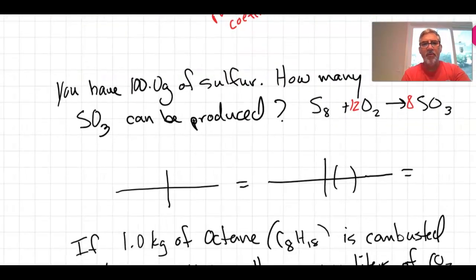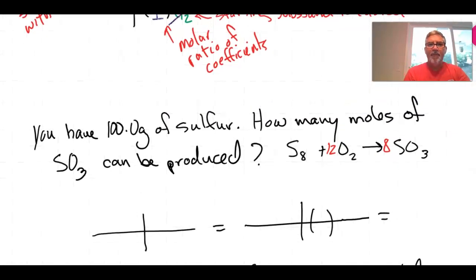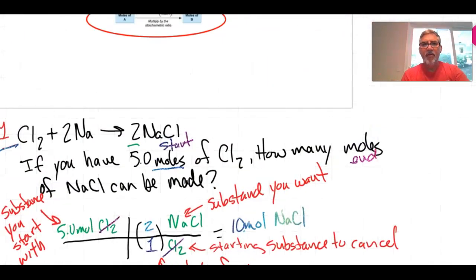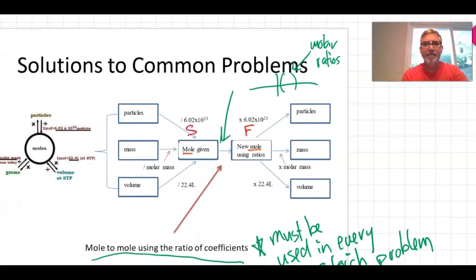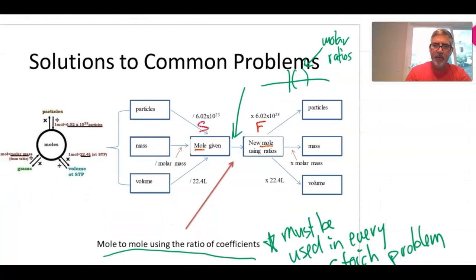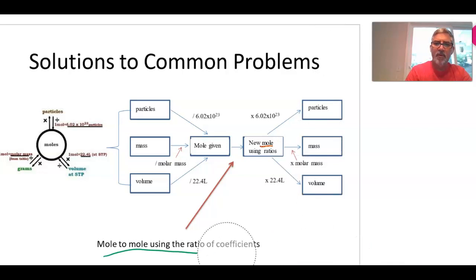Let me give you another example. I have 100 grams of sulfur. So this is my start. How many moles of SO3? So this is my finish. If I come back to my problem here, clean this up a little for you. All right, I start with grams. So this is going to be my start, right, because it's mass.